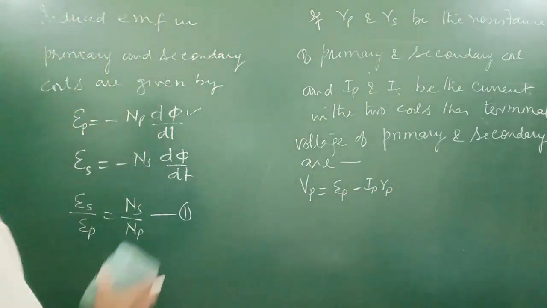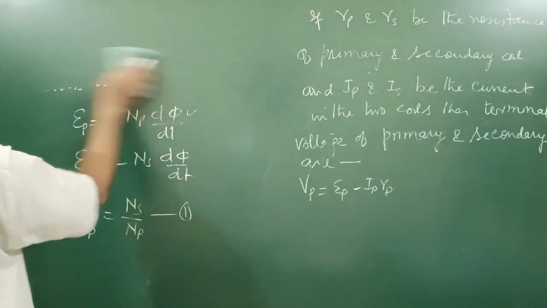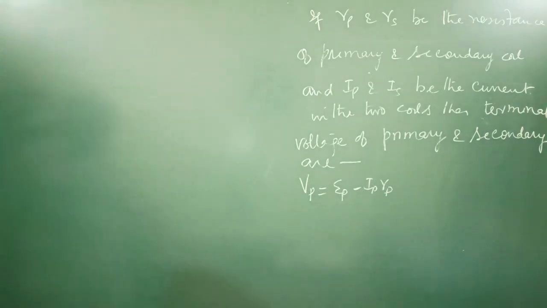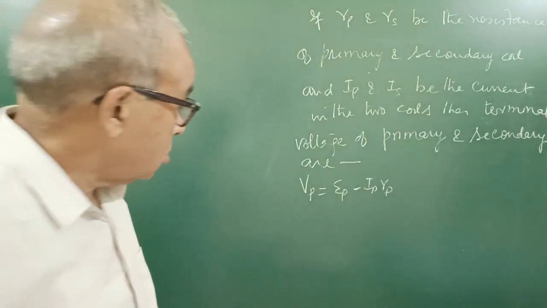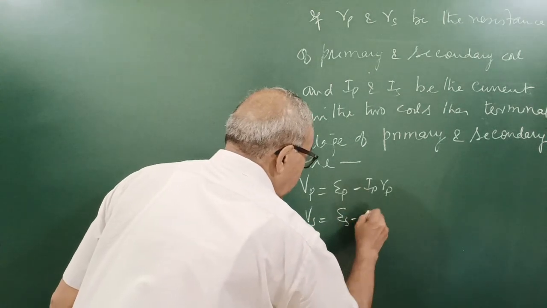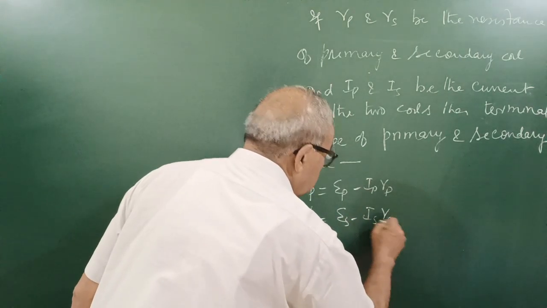Like a cell, I have told you in current electricity, the terminal voltage and EMF are different things. Terminal voltage VS equals ES minus IS into RS.